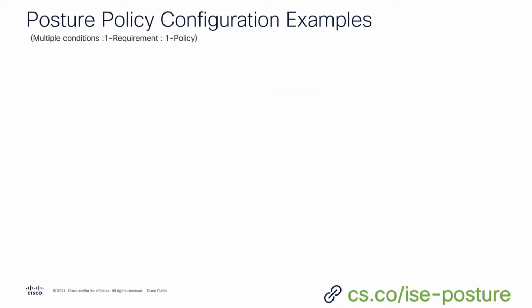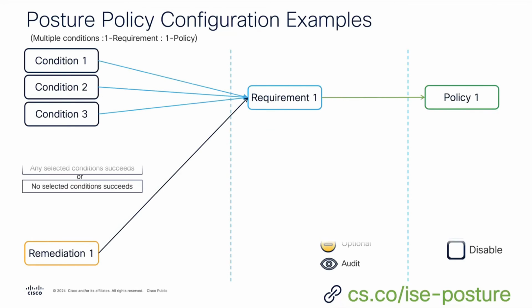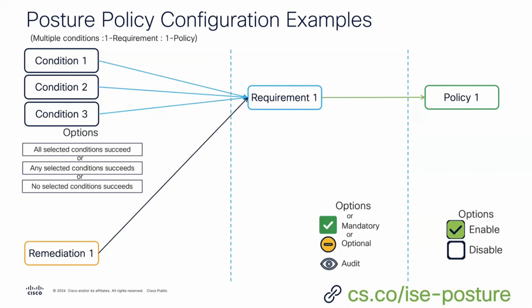Let's take a look at the second example where, let's say I'm looking for multiple conditions at the posture level. I'm looking for a firewall enablement. I wanted to look for a patch up-to-date policy, etc. Then in that case, multiple conditions can be associated to a single requirement with one single remediation, and that requirement can be associated to a policy.